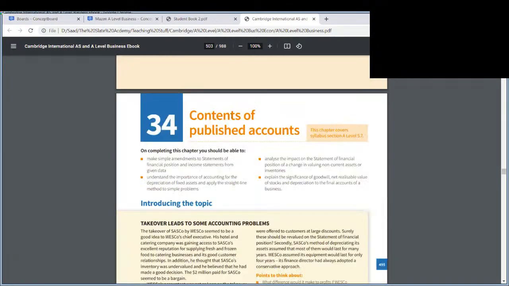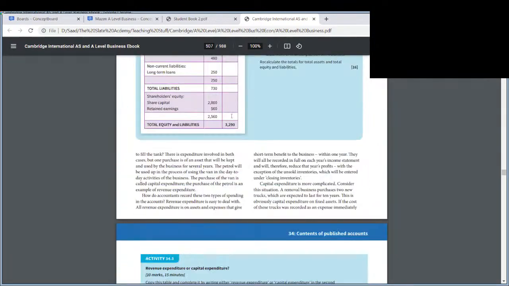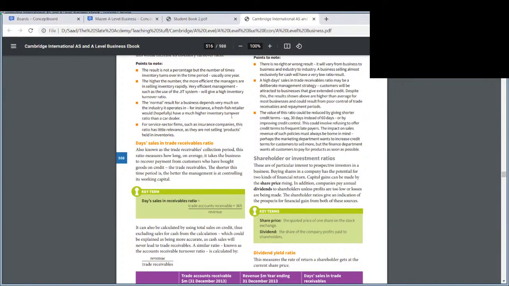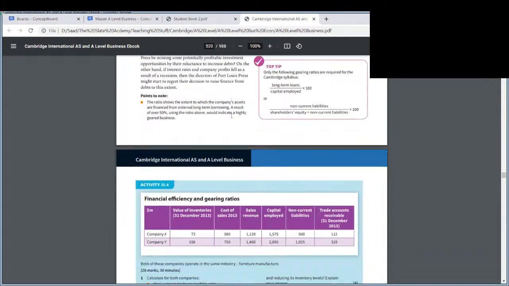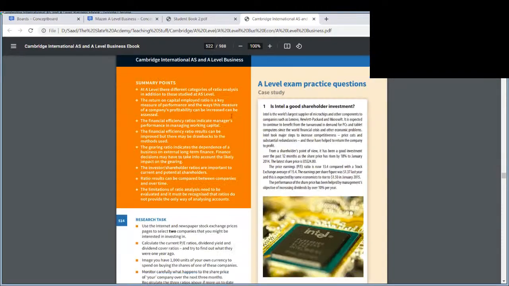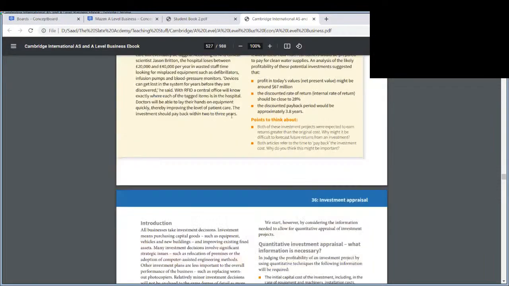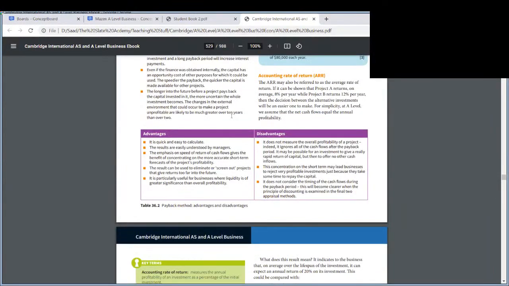Budgets, is it after budget? Yes. Have you done ratios at your school? Accounting ratios? No, not yet. I think we're going to do it tomorrow or next week.